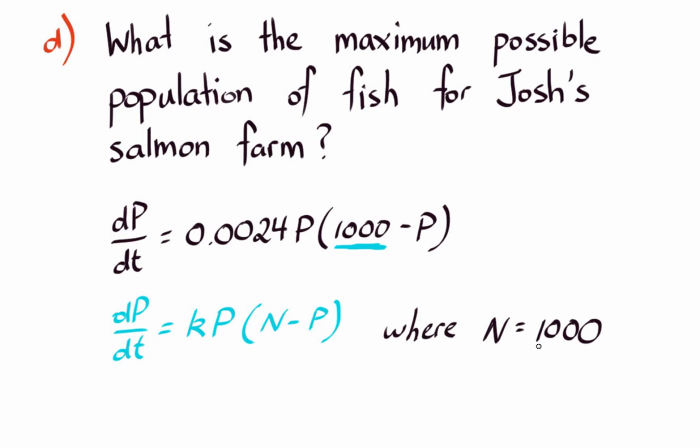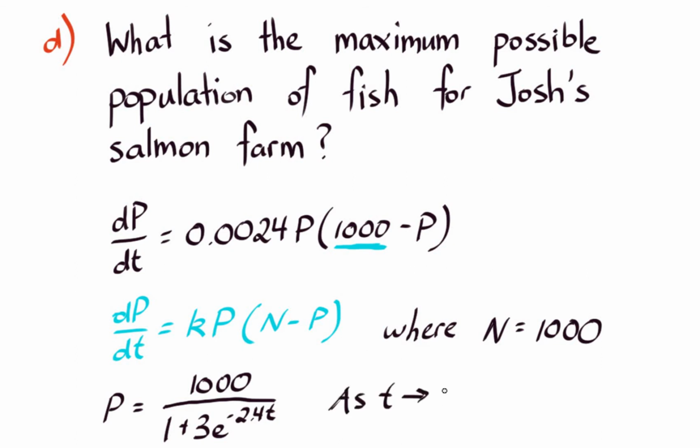The other way is to use our population equation and see what happens as we take t to approach infinity. As t approaches infinity, what happens to this exponential on the bottom here? Well, this is going to approach 0. Right, so negative, so it's going to approach 0.